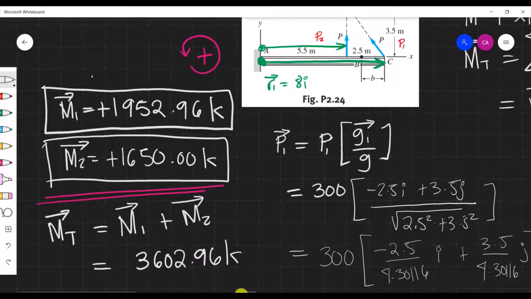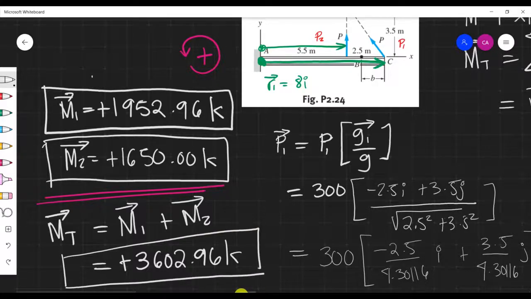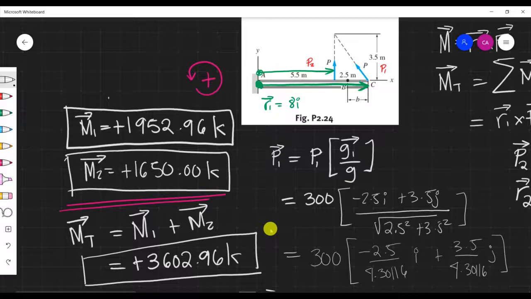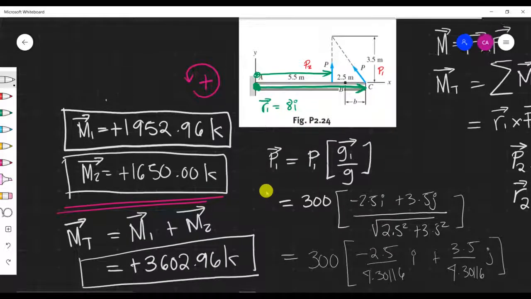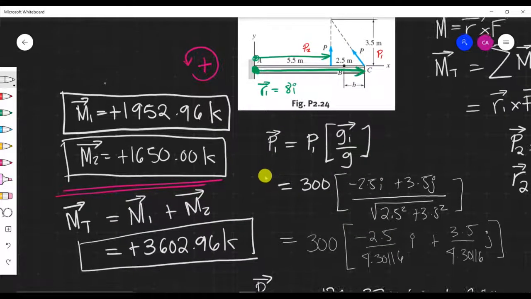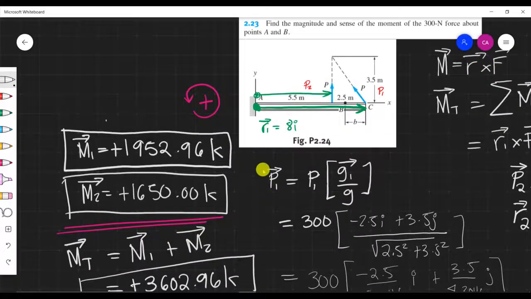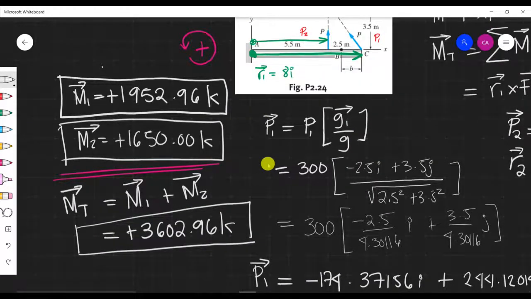And that is positive. And our answer would be, yung sense ng kanyang rotation ay counterclockwise kasi positive. Then yung kanyang magnitude is 3,602.96. Anong unit? Newton meter. Ang unit ay Newton meter. That is the moment.